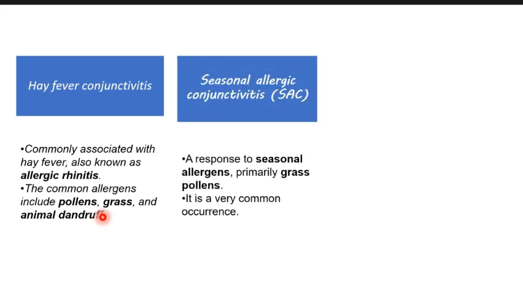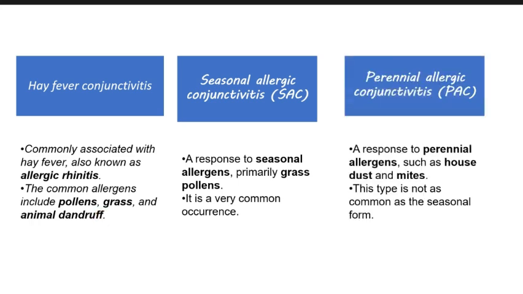Then we have seasonal allergic conjunctivitis and perennial allergic conjunctivitis. Now, seasonal allergic conjunctivitis basically occurs during specific seasons, typically spring or fall, due to pollen exposure, while perennial allergic conjunctivitis is a year-round condition triggered by indoor allergens like dust mites and pet dander.